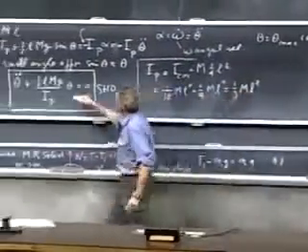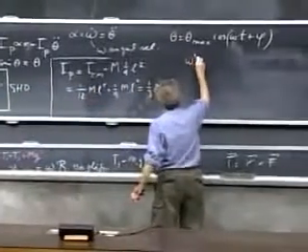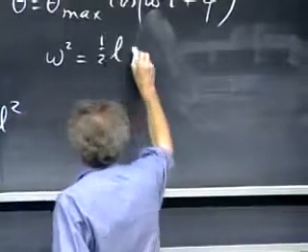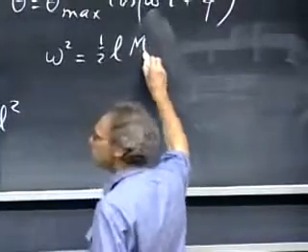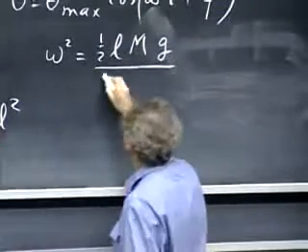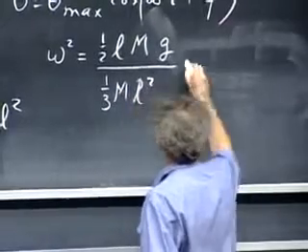So this term here, which is omega squared, equals 1/2 L m g divided by 1/3 m L squared.